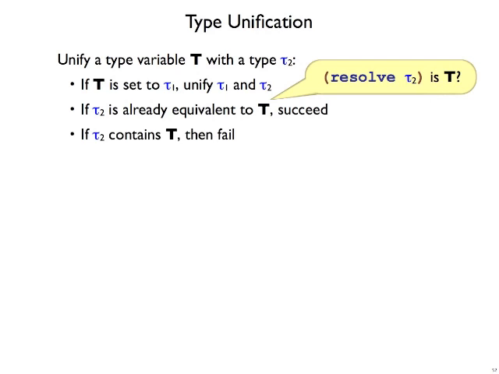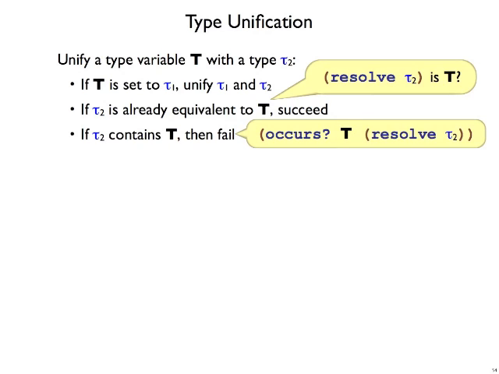Otherwise, we move on to the third case, and we check whether tau2 contains t. So it's not exactly t, but it has t in there somewhere, under an arrow, for example. In that case, the occurs check has failed, and so there's no type check. And so we're going to have an occurs function that takes a type variable and a type to check to see whether this type variable exists anywhere within that type.